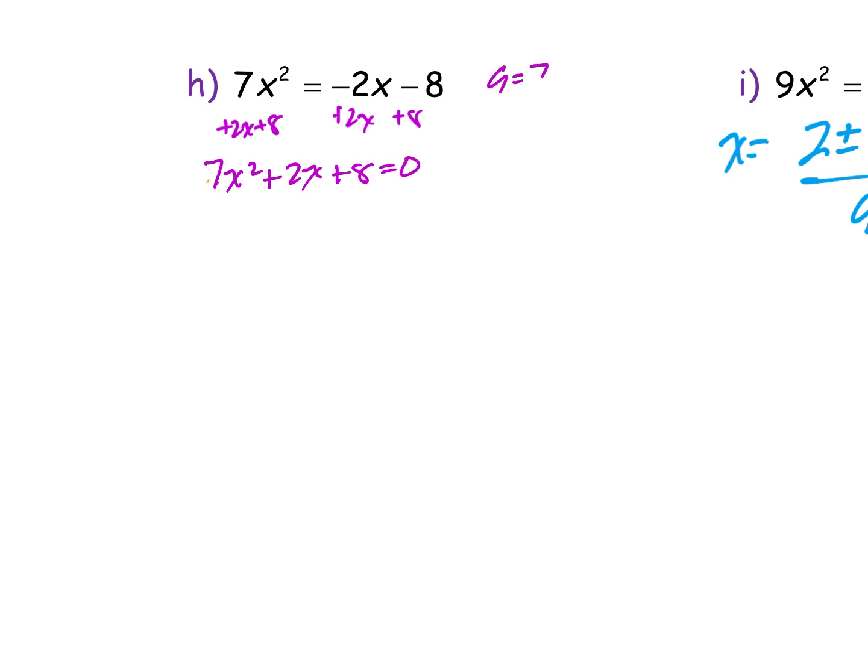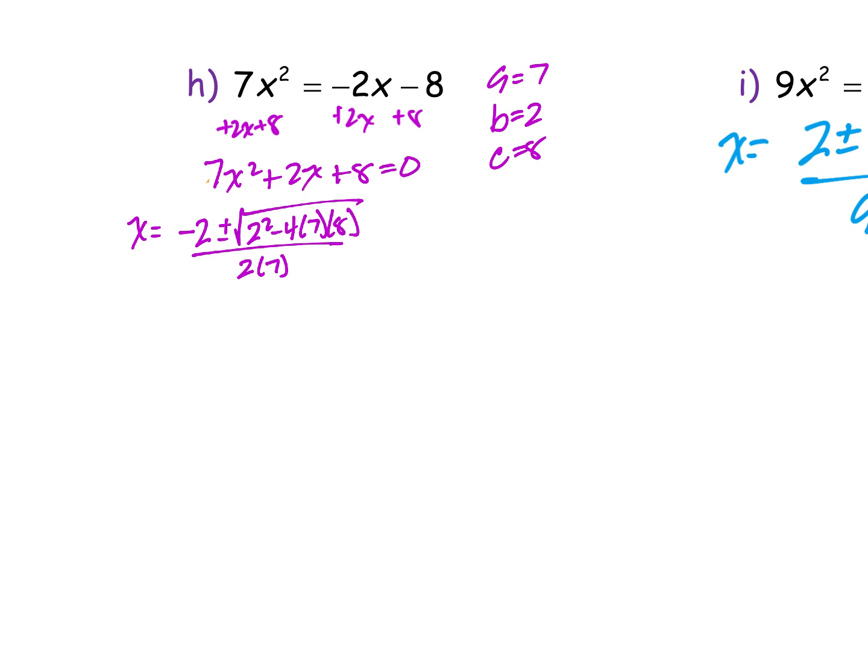And A equals 7, B equals 2, and C equals 8. So x is going to equal -2 plus or minus the square root of 2 squared minus 4 times A times C, all divided by 2 times A.